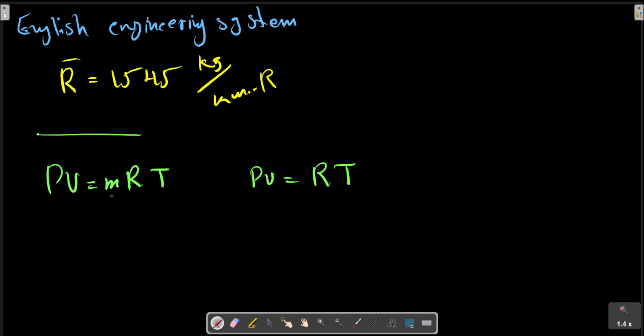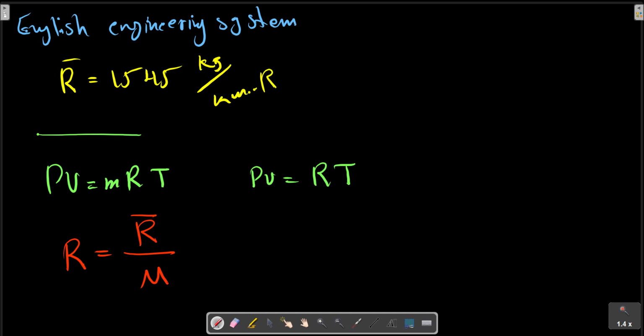In this case, R equals R bar over the molecular mass of the substance. In this case, R is a different constant for each particular gas.